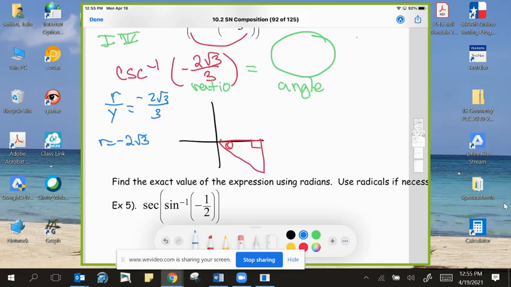Now, we usually want the radius to be 1. So to get that radius to 1, we divide by 2 root 3. Meaning to get that y value, we take that 3 and divide it by negative 2 root 3.